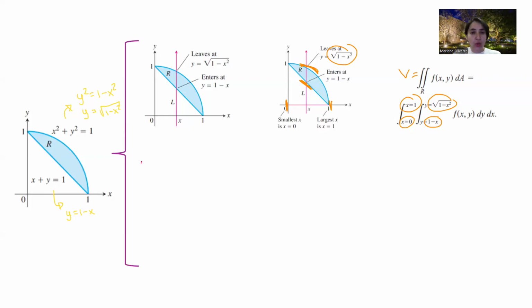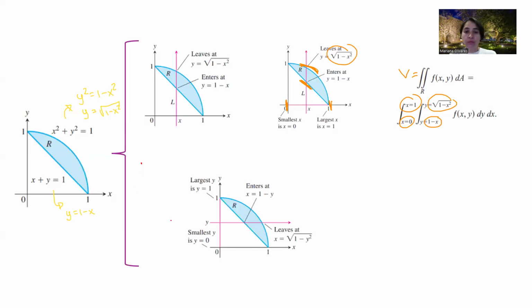And if we decide to do it in the other direction, in that case, what is happening is that we're getting in by the function of the line and going out by the function of the circle. Why are the equations different? Because in this case, if we're going to integrate with respect to x, we need to establish equations in terms of x.